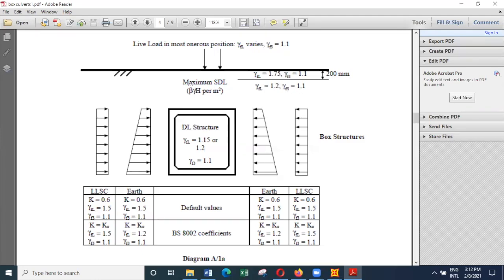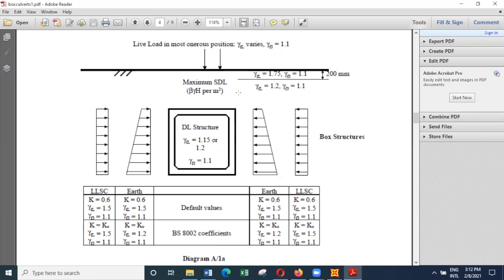And in addition to that, you can have a beta factor. The beta factor is 1.15, and that is to take account of various arching action induced additional forces. So when the soil spans over a certain length, sometimes arching action can develop and it can lead to some additional forces.